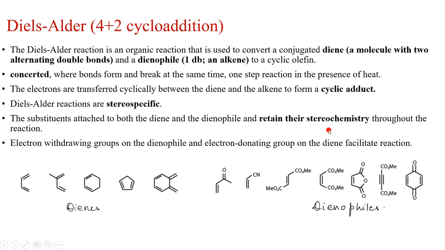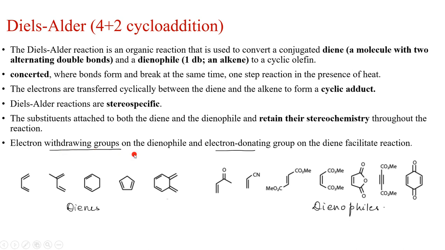The stereochemistry is retained, and most important, electron withdrawing groups. Since we are doing this for PhD students, I will show you some examples. We will not go much into stereochemistry. I'll make a separate video on stereochemistry. It's going to be a big video.